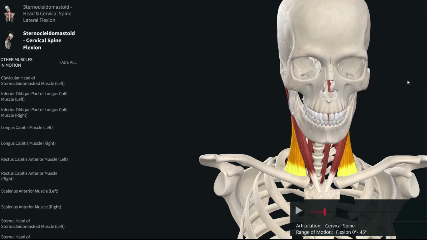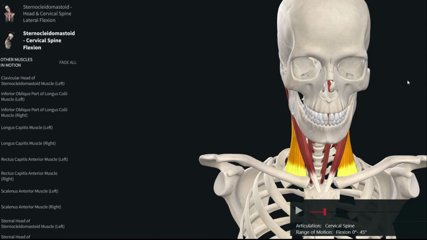So the sternocleidomastoid has two actions, or rather three, and I have already mentioned all of those. Another, you may say, accessory function of sternocleidomastoid is that in case of forced inspiration, it acts as an accessory muscle of respiration.